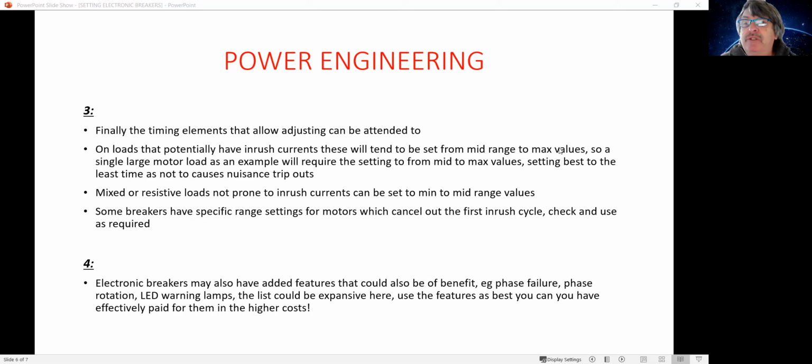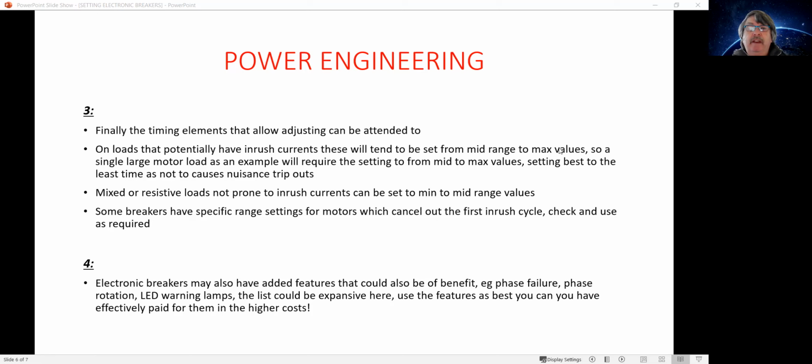You might have options to set, for instance, an LED bar which says when you exceed 80%, or a value that you can preset, where the little LED bar graph changes color, warning you that the product's about to trip or in the zone of close to the tripping point or the maximum value.